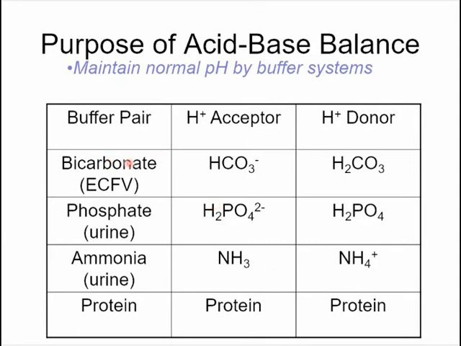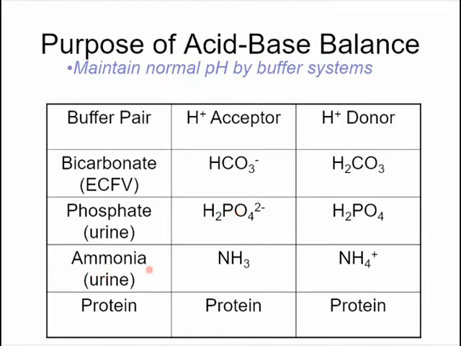You have your bicarbonate buffer. You have your bicarbonate, which is the hydrogen acceptor, and your carbonic acid, which is your hydrogen donor. So this is your acid, and this is your base because it's your acceptor. Phosphate in the urine: you have your phosphoric acid, and of course your dibasic phosphate.